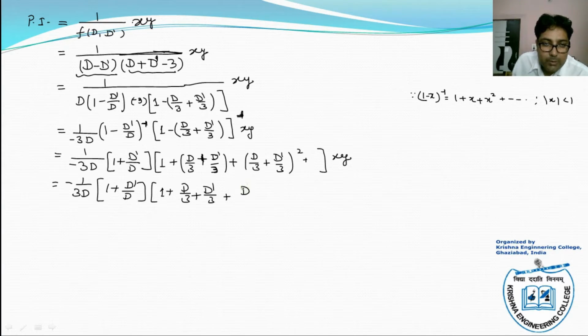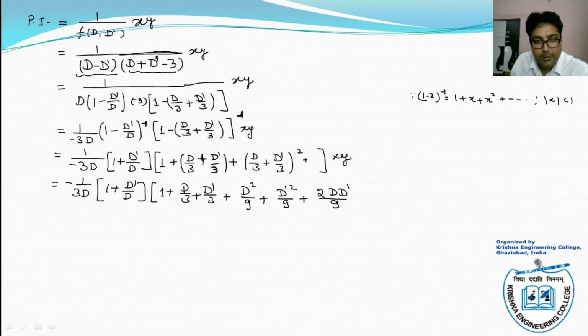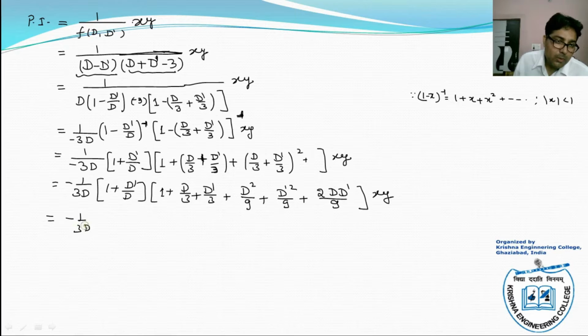So this becomes D square by 9 plus D dash square by 9 plus 2DD dash by 9. Clear? Now we multiply here. Note that the power of x is 1, and y is 1.